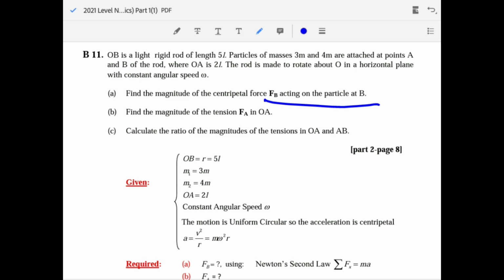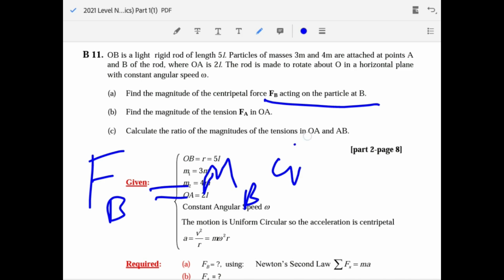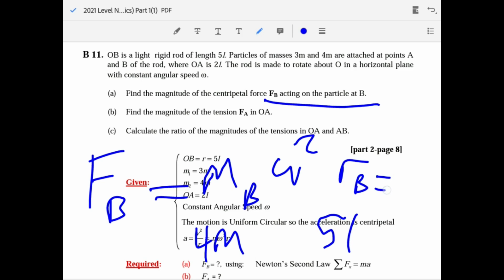So you have FB, which is equal to MB omega squared RB. M is 4M, R is 5L. So this would be equal to 20 M omega squared L.